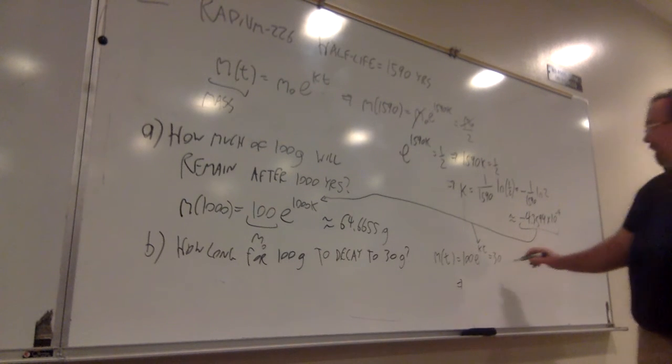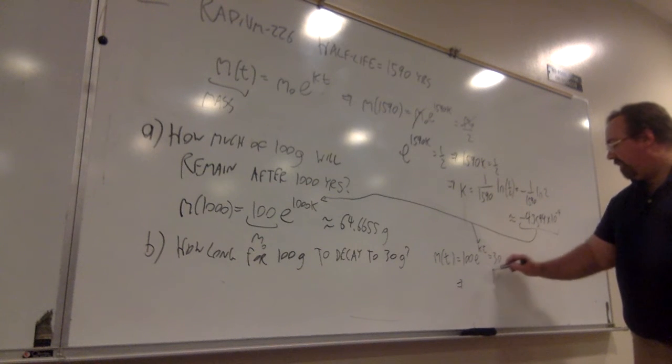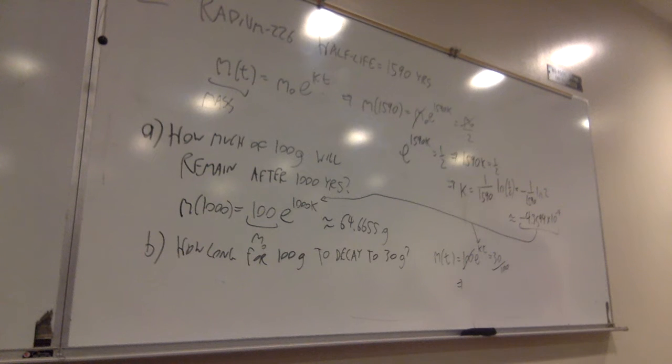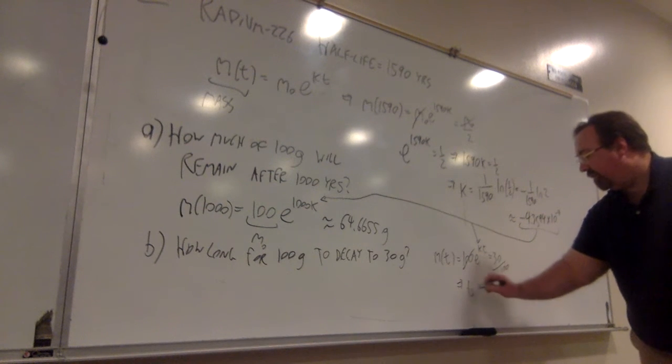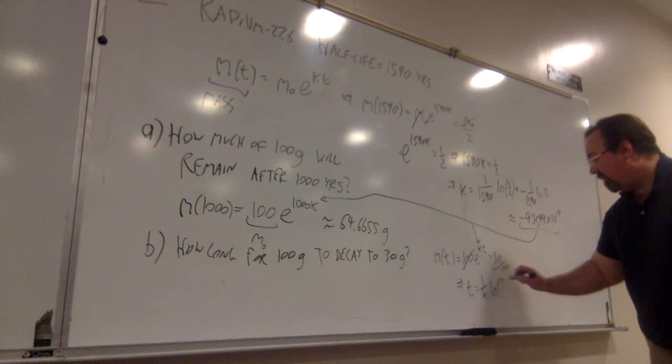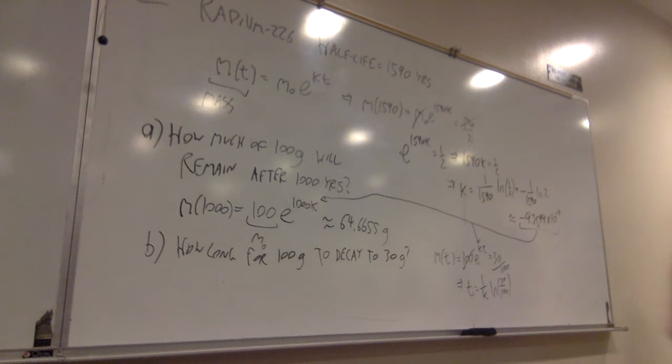So if we divide both sides by 100 and then take the natural log, then what we get is the time is equal to 1 over k natural log of 30 over 100.